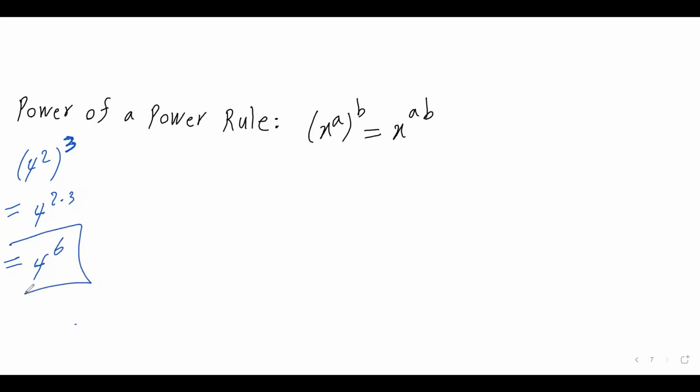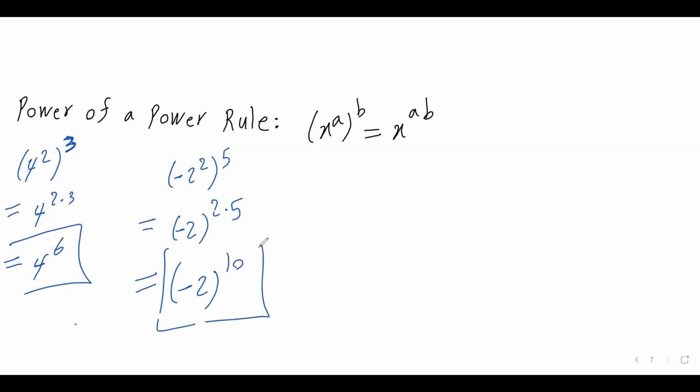That's our answer. Let's say I have this example, negative 2 to the power of 2, all to the power of 5. Again, I write down the base, which is negative 2, and I multiply the exponents, 2 times 5. So our answer is negative 2 to the power of 2 times 5, which is 10. That's our answer.